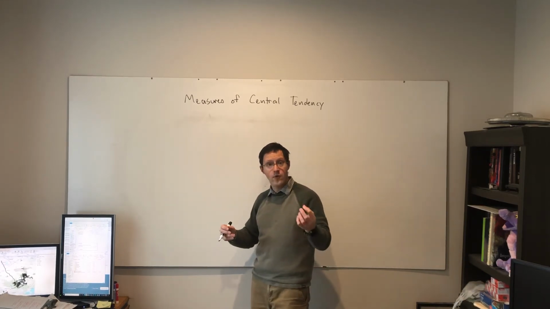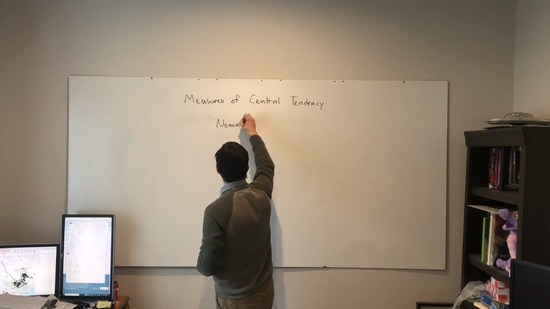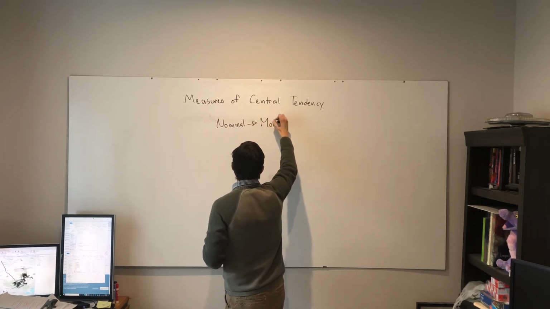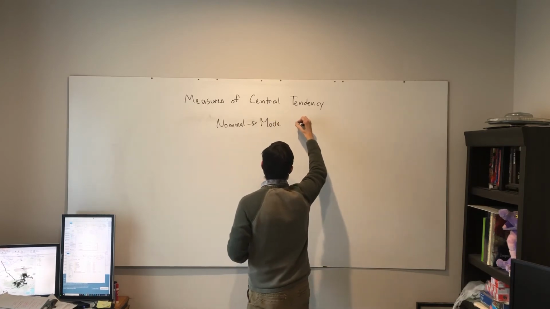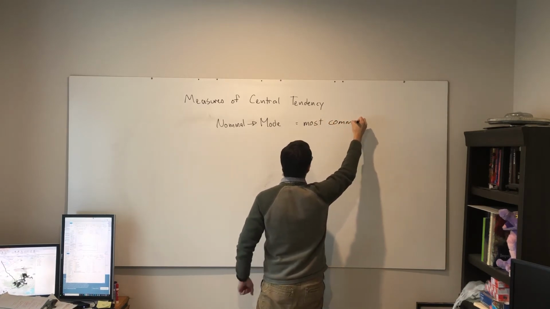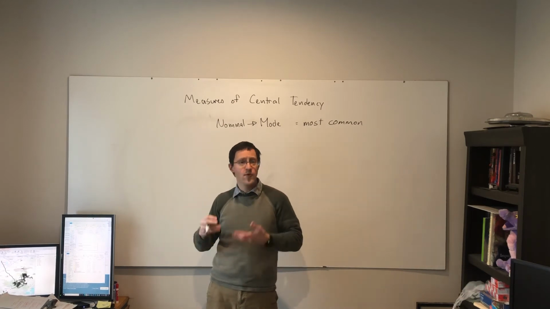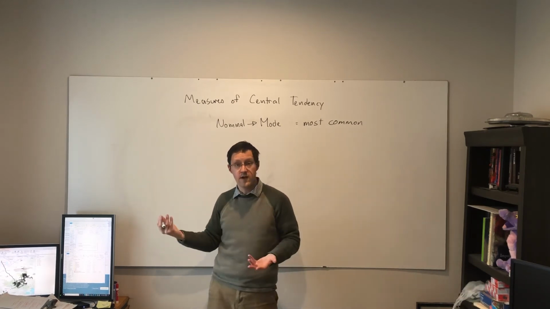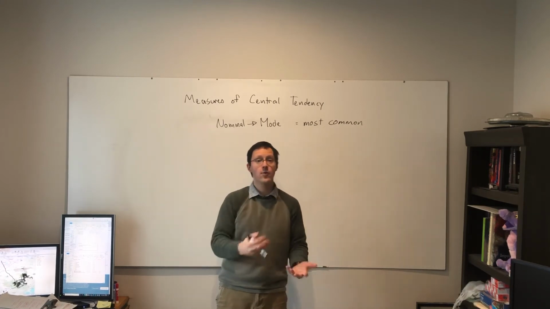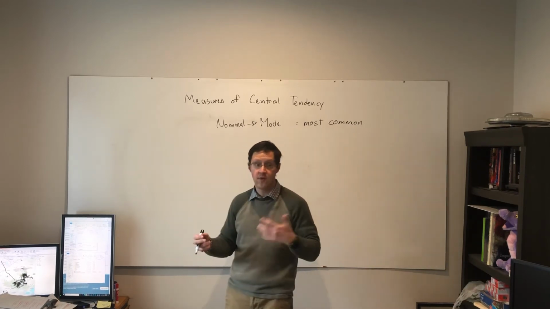For nominal data, the mode is the most common value. So if I'm looking at a nominal data set like the land cover types, I can say the mode value for Mon County is forest. That's about all I can say in terms of summarizing.